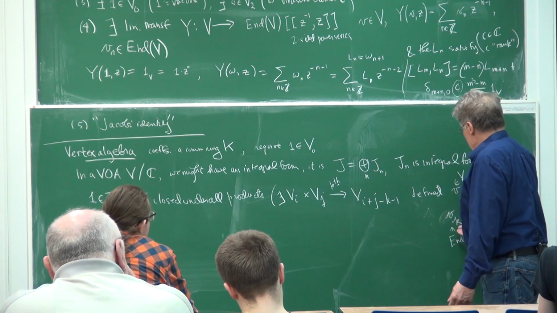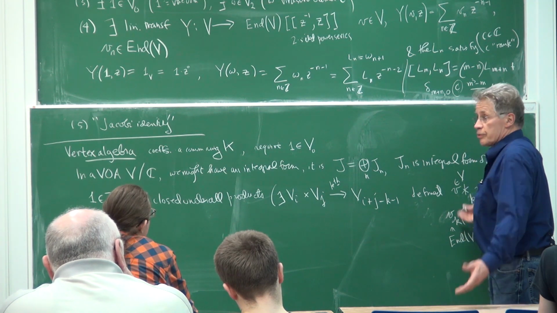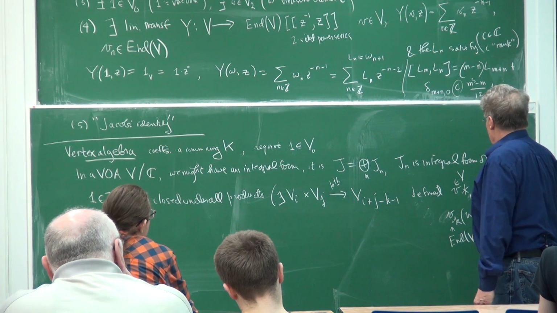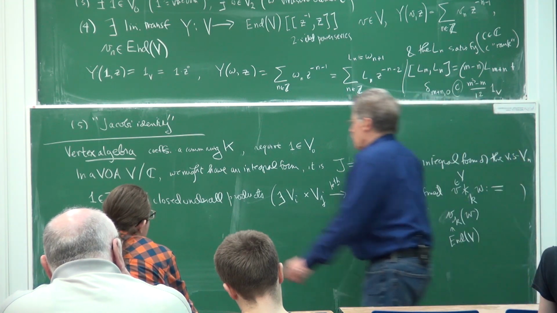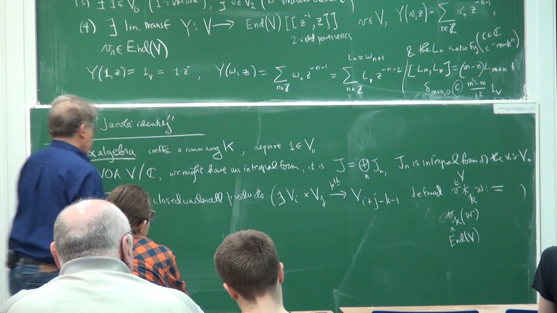So you can apply an endomorphism of V to an element of V. So that gives you a product structure. Okay. So J would be closed under all these products.